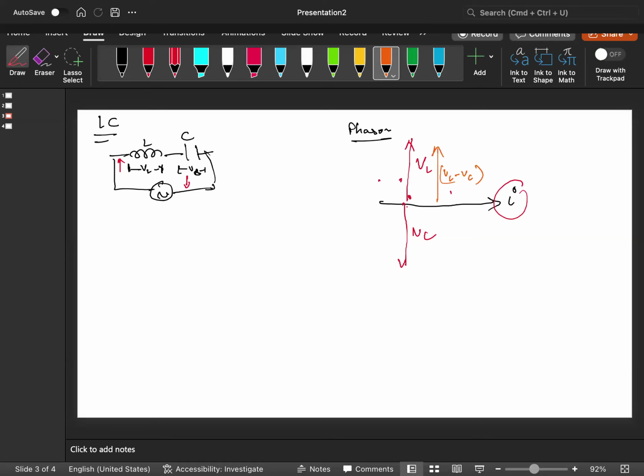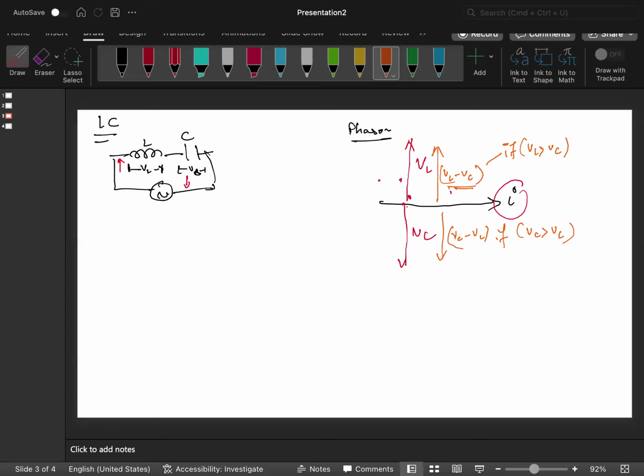Understood this point? So you got the same thing: this is the voltage and this is the current. Any doubt here?